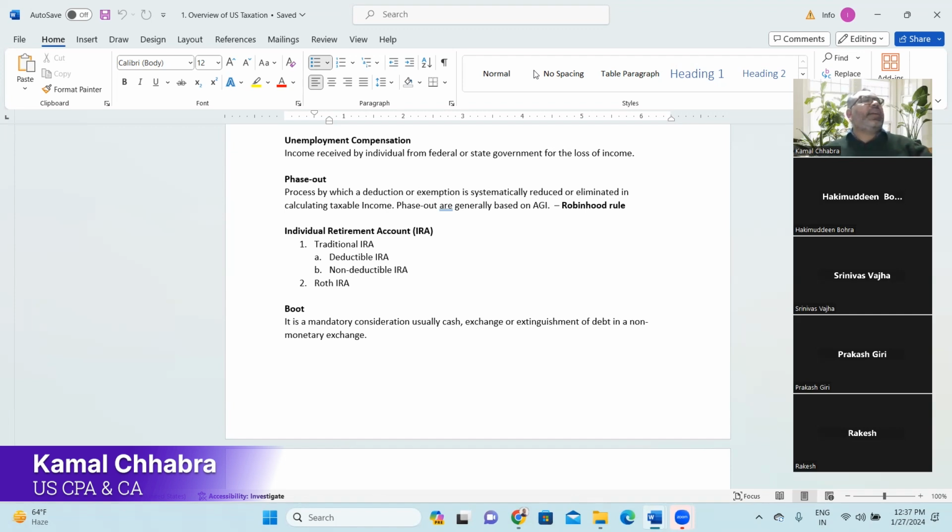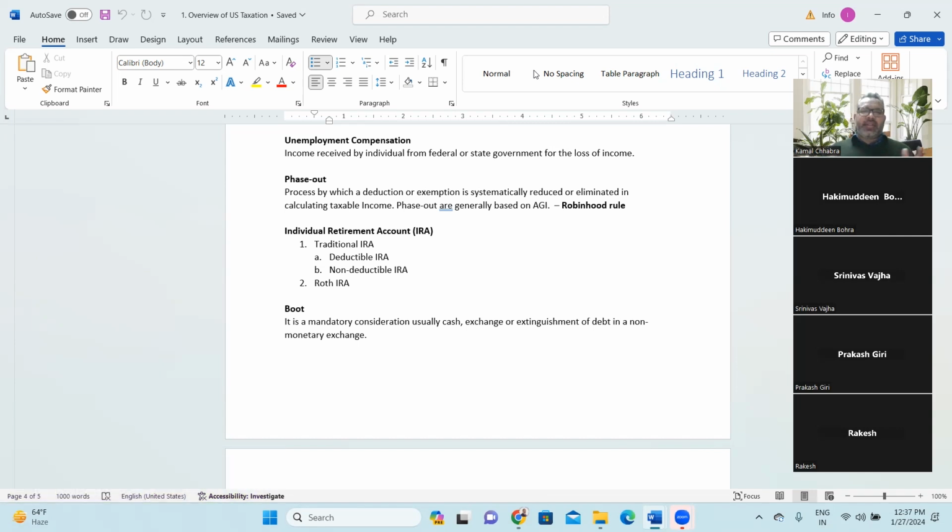Yeah. So in the entire tax law, all these deductions and credits are based on this Robin Hood rule. That means if your income is less, you'll get more deductions and more tax credit. As your income keeps growing, that means you are getting richer, so the government will give you less tax credit and fewer tax deductions.